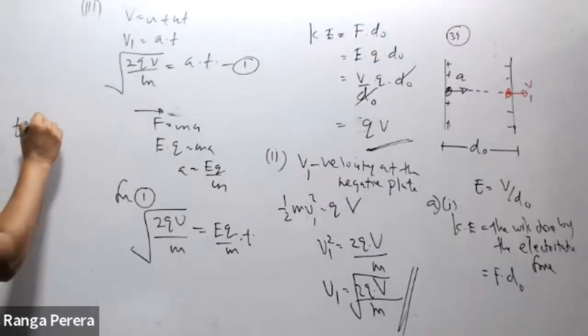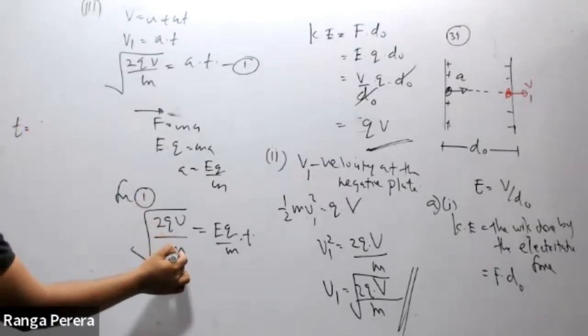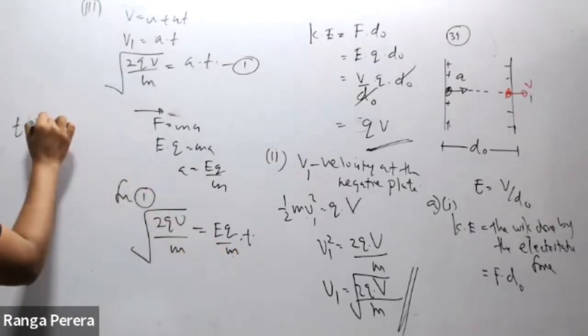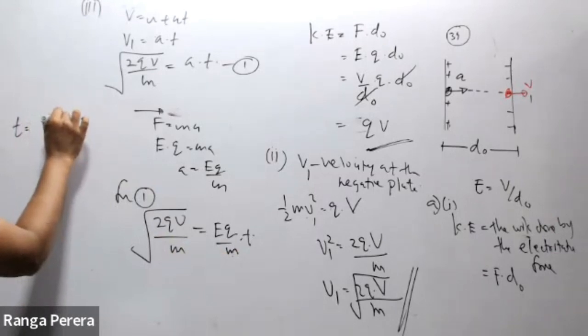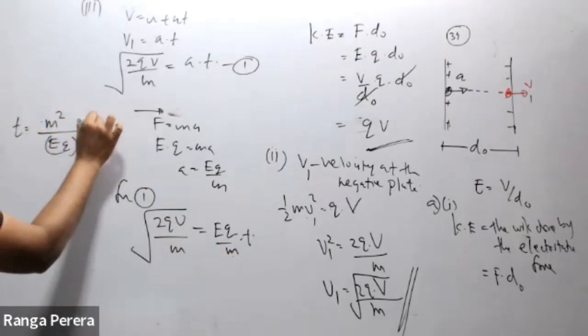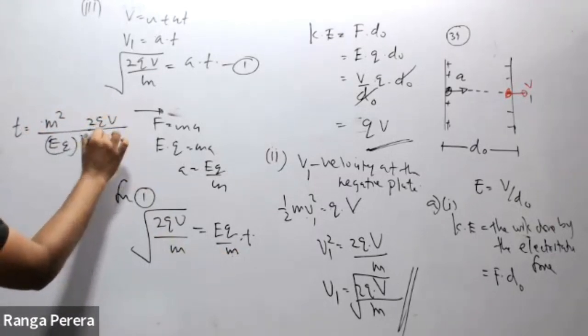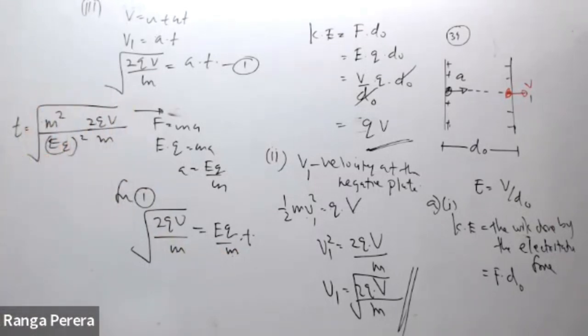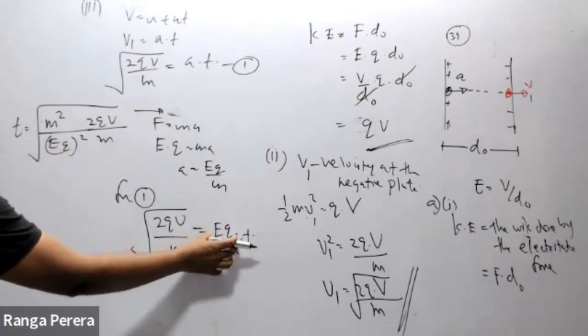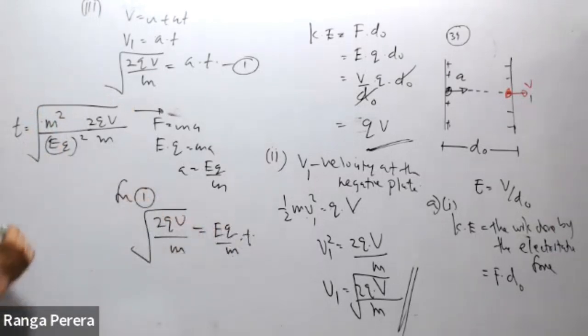T equals m, and I will write it like this: m squared over E squared q squared, times 2qV divided by m. What I did there is take this square and put it inside the square root.